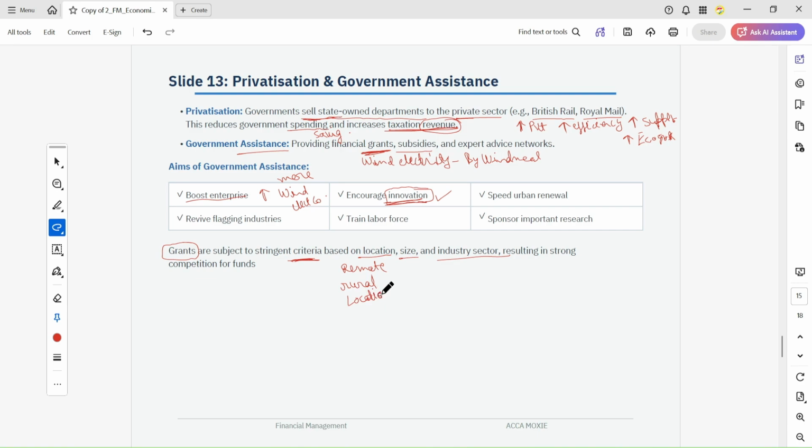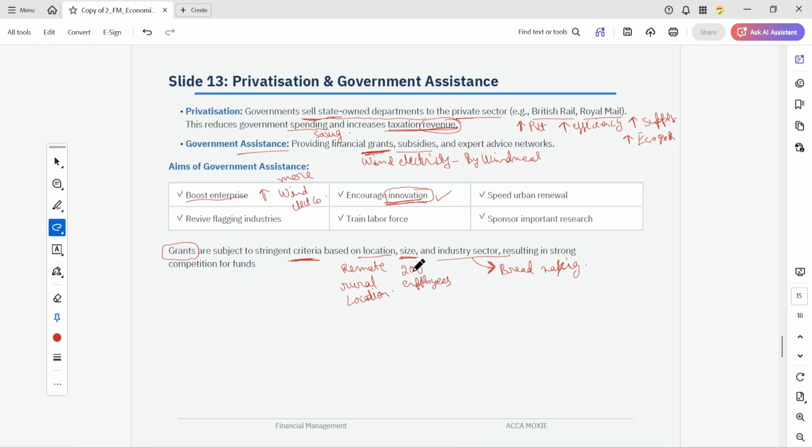You have to build your factory in a rural area that will give the village people employment, so that their living standard will improve. On size, you have to employ at least 200 employees. Industry sector, it could be a bread making industry in the remote village, that will result in strong competition for the funds.